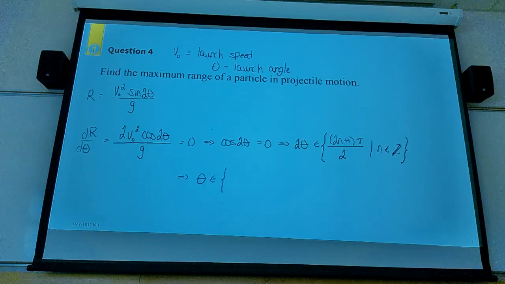What does it mean that theta would be any odd multiple of pi over 4? But let's think about this. What is the domain for our range?